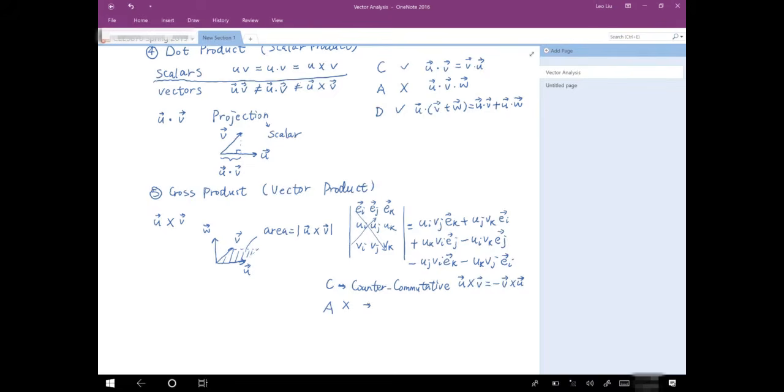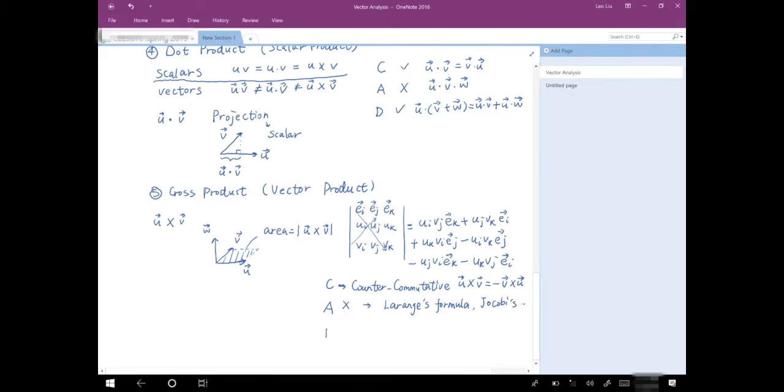For example, use Lagrange's formula. We will talk about this later, and sometimes we'll also use Jacobi's identity. We use these tools to handle it, if we want to associate different vectors on two sides of the cross product operator.